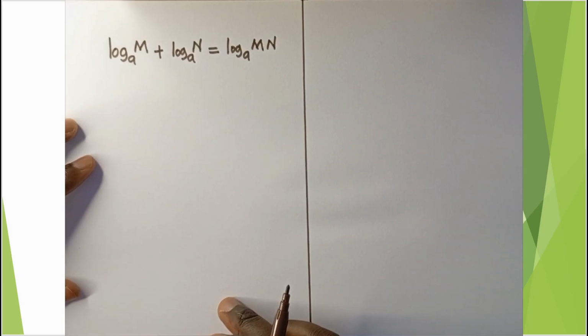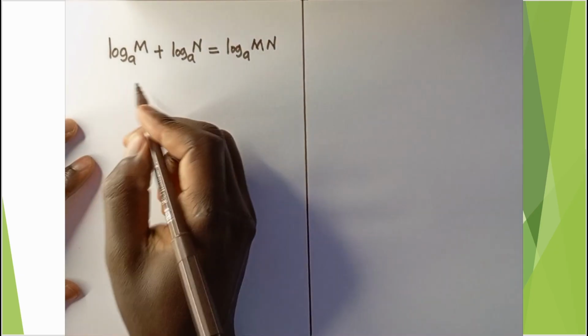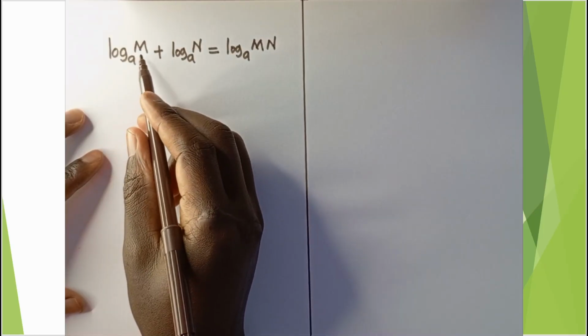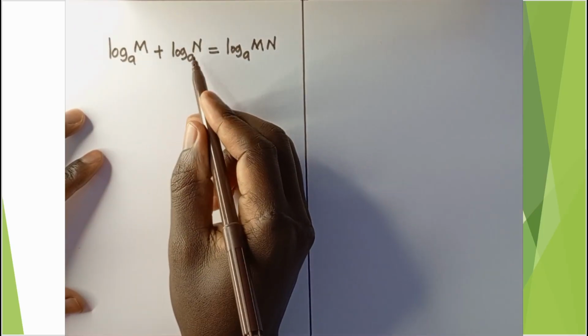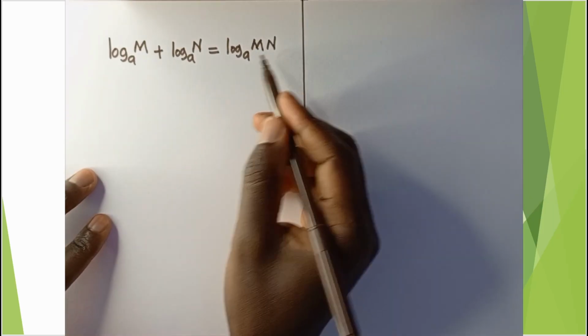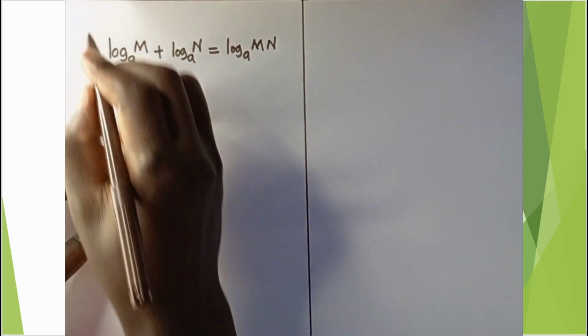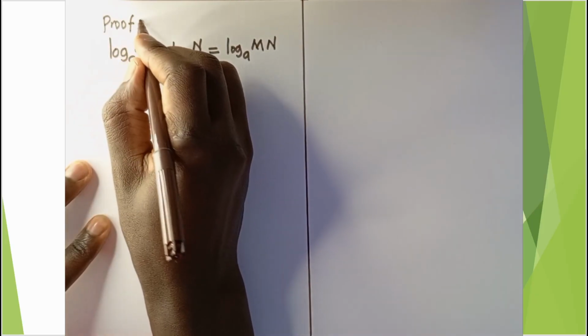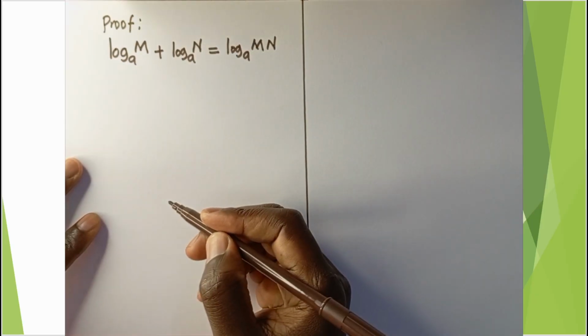Now we want to start with the first logarithm law that says log base a of m plus log base a of n is equal to log base a of mn. I want to first prove this. How do we prove this?